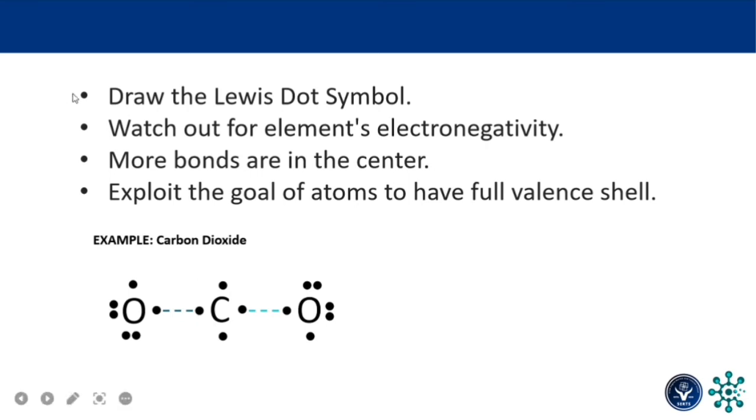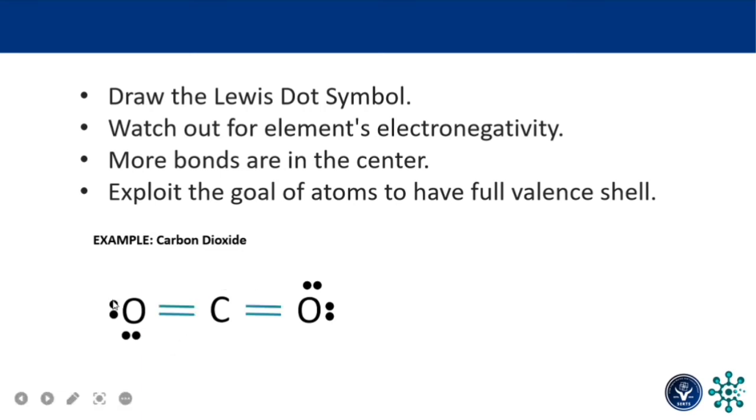Let's check. Oxygen has now 2, 4, 6, 7 electrons. Carbon has 2, 4, 6. Oxygen has 2, 4, 6, 7. So we need to share more electrons to obtain a full valence shell. Here, we need to share these electrons. Now we have 2 double bonds.